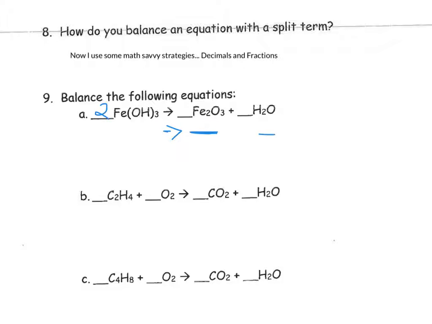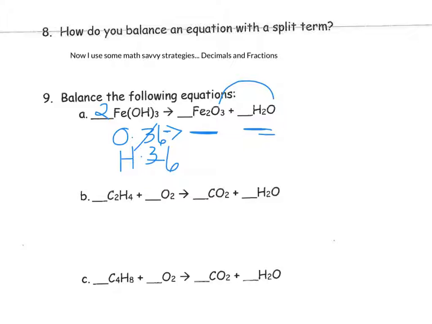And on this side, I have oxygens are 3 and hydrogens are 3. When I put a 2 there, I've made them 6 and 6. So when I look at my hydrogens and oxygens on this side, I have oxygen that's split, hence the name split term. So I'm going to do the hydrogen first and then deal with that oxygen.